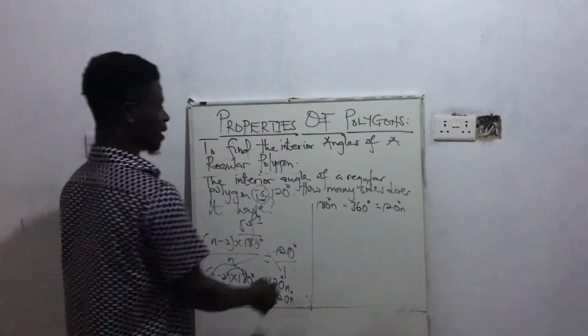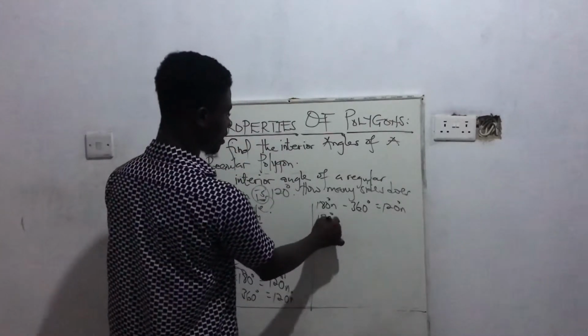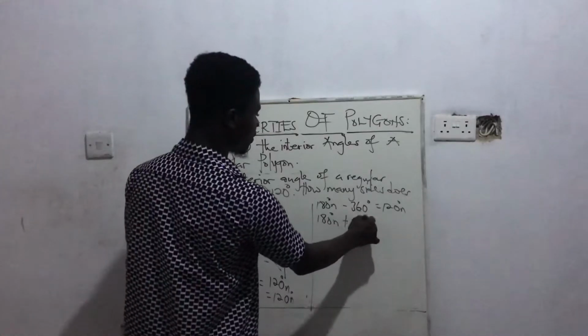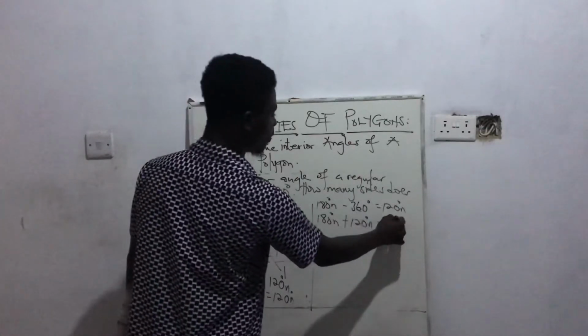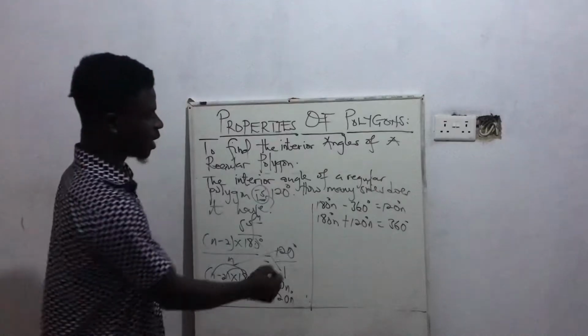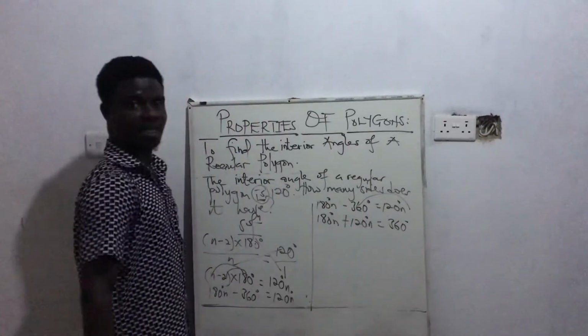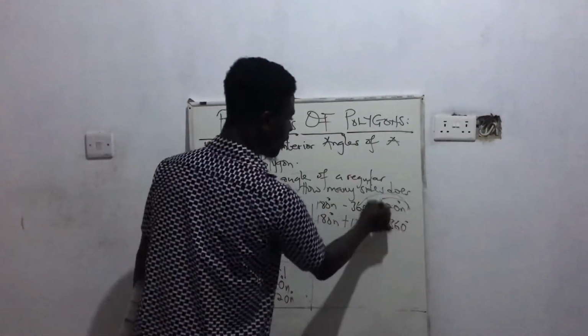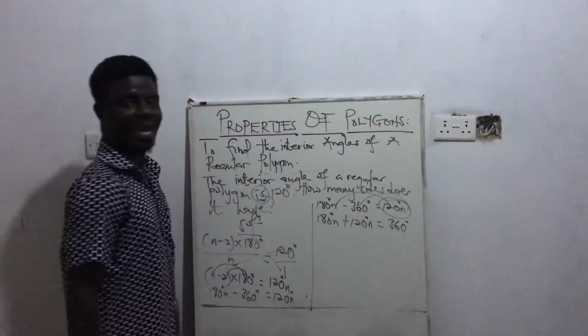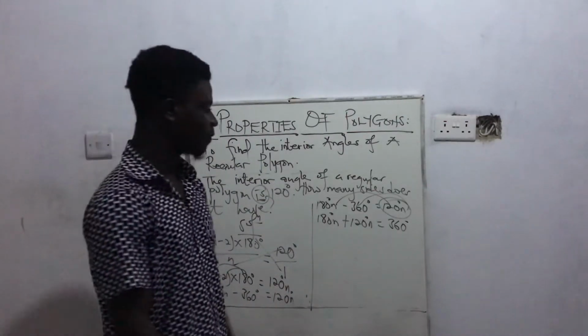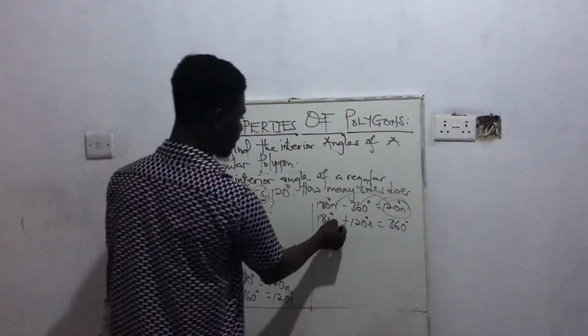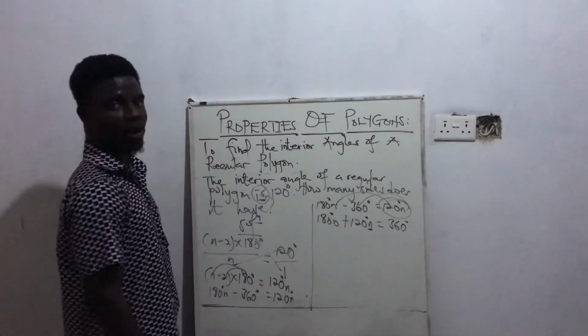So you group like terms. You send the constant to the right hand side of the equal sign, then you bring the one containing the n to the left hand side, so that we get like terms because of the variable n.